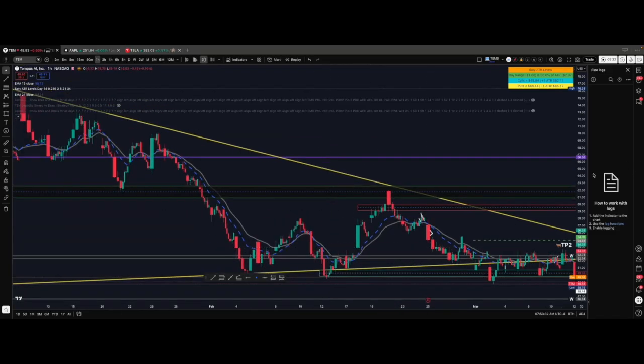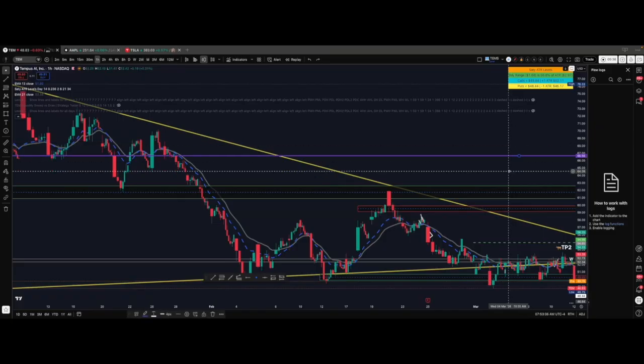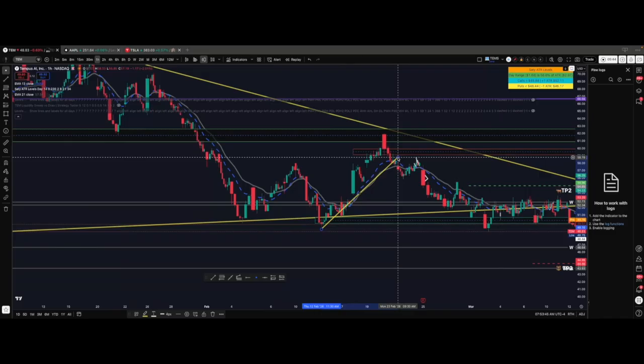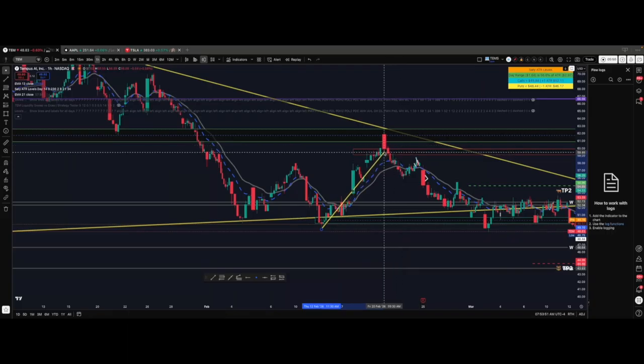This is not cooperating with me right now, but let's see if we can get the trend line to work. And there we go. As you can see, that was a big movement, and it stopped around here.